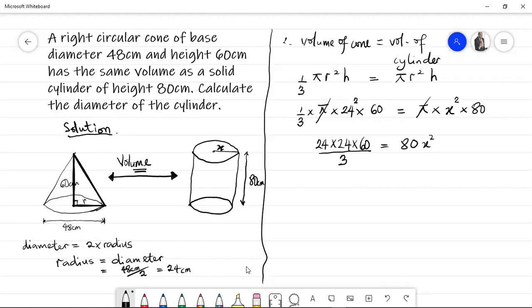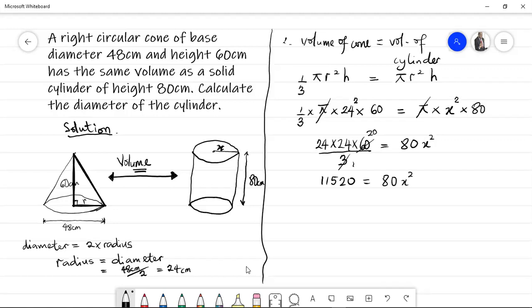Solving this, 3 goes into 3 once, and 3 goes into 60, 20 times, so 24 times 24 times 20 equals 80x squared. 24 times 24 times 20 gives you 11,520, and that equals 80x squared.